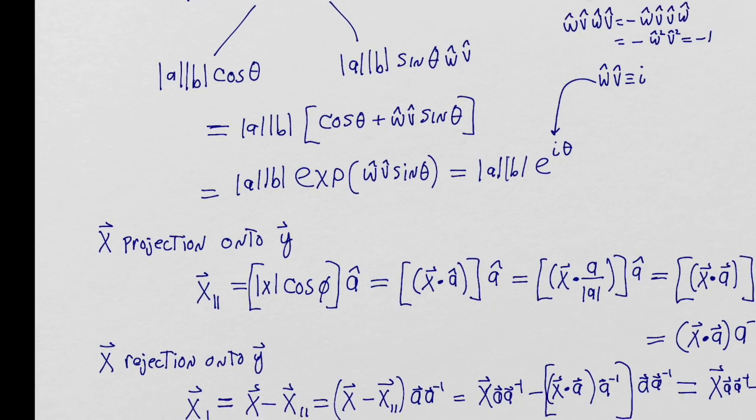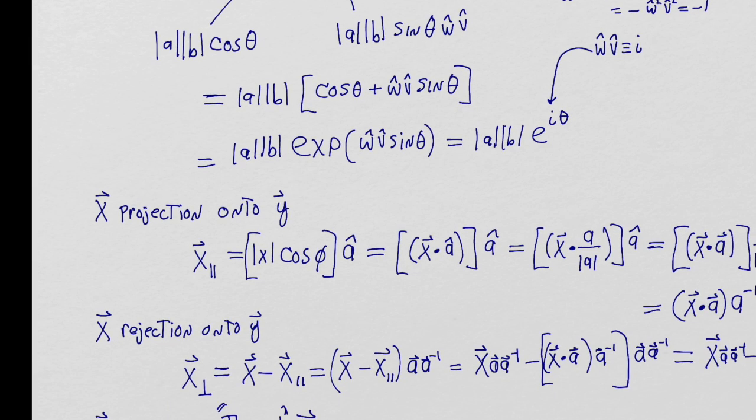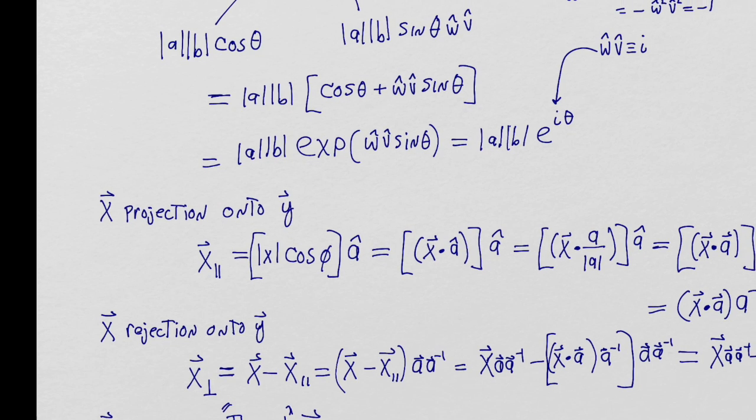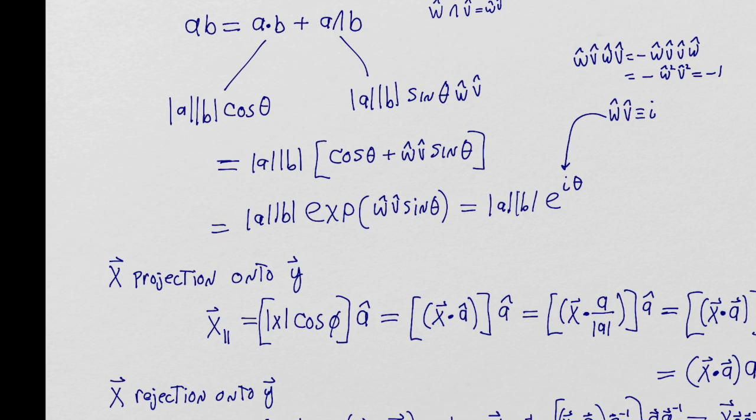Okay, so with this form available to us, let's remind ourselves what we learned last time: the projection of a vector x onto another vector y. And this is good, by the way, for any dimensionality. There's nothing in here about three dimensions.